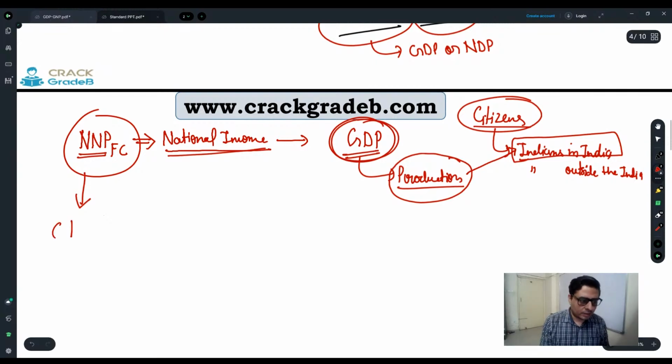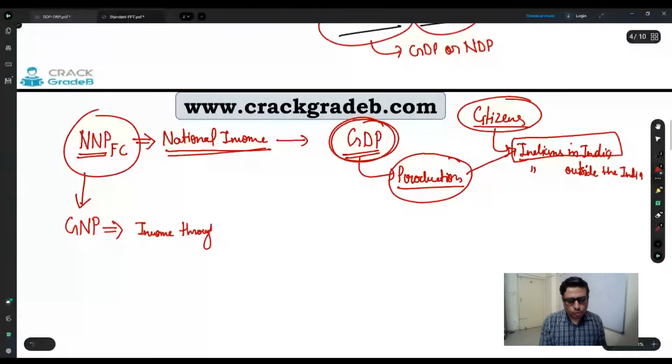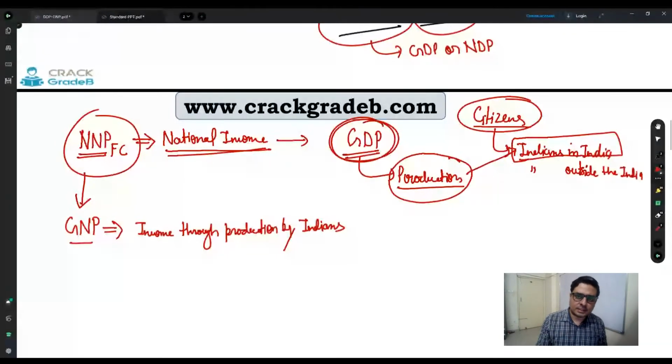All of you know that when we say GNP, GNP means income through production by Indians, whereas GDP says income through production in India.